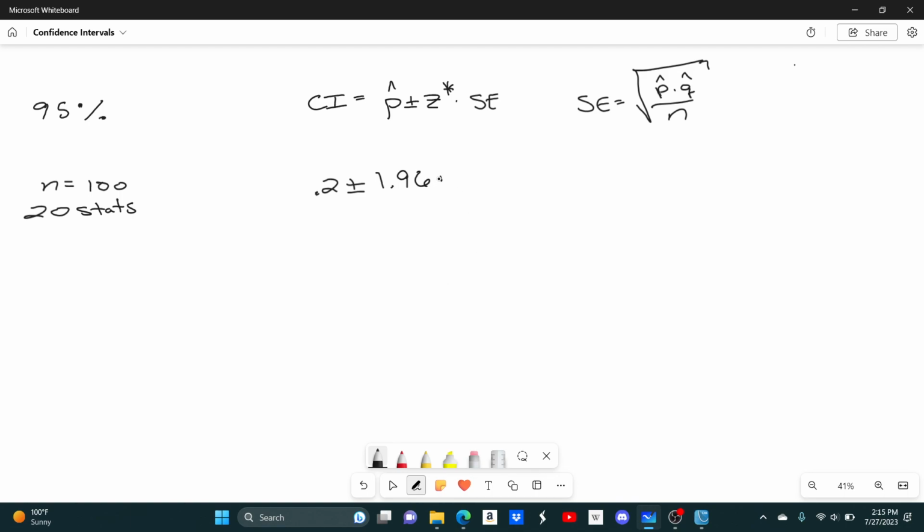So if our proportion is 0.2, then our q is going to be 1 minus that, or 0.8. Sometimes you'll also see this written as p hat times 1 minus p hat over n, but q and 1 minus p are the same thing. Then we divide that by our sample size of 100, and this will give us our 95% confidence interval.